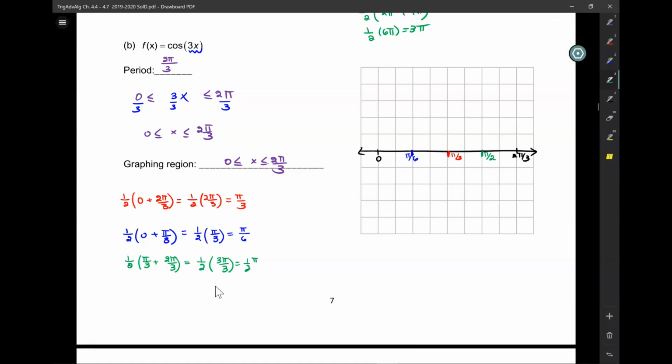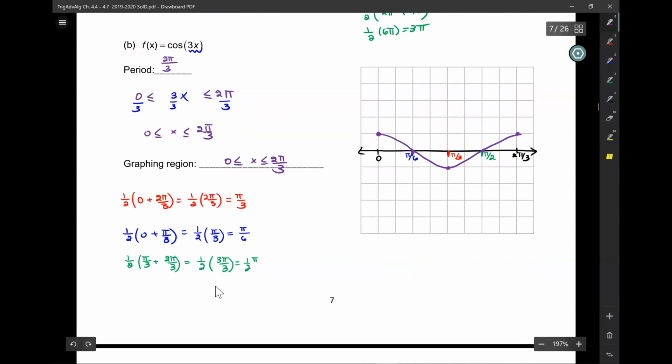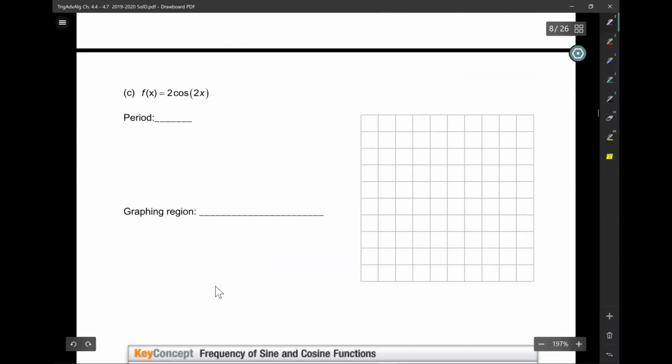Again, this is probably going to be where you do most of the work. Once you do that, then we are experts at graphing cosine. I start here at 1, 0, -1, 0, 1.